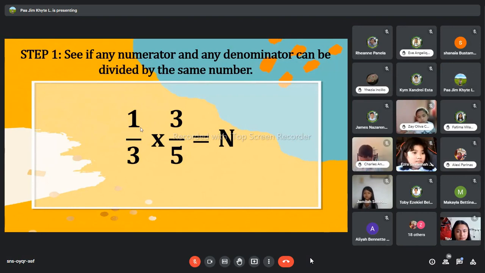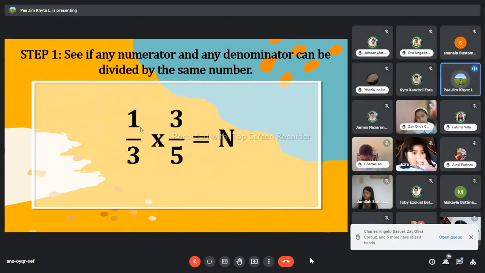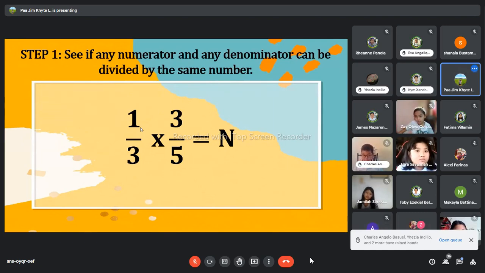Correct. So is there any numbers that are the same, that can be divided by the same number? If yes, what number it is? Yesha? 3, ma'am. 3. You're right.